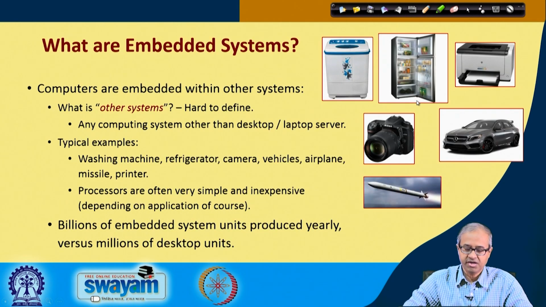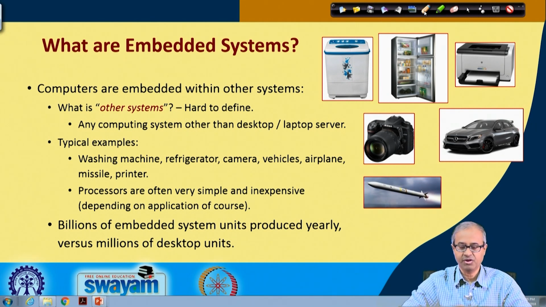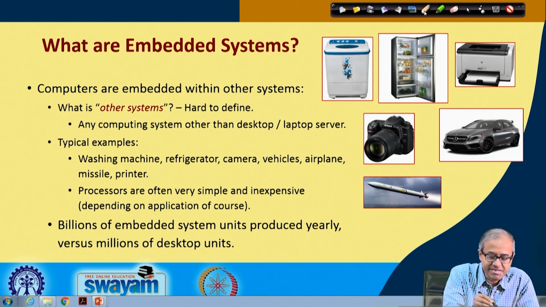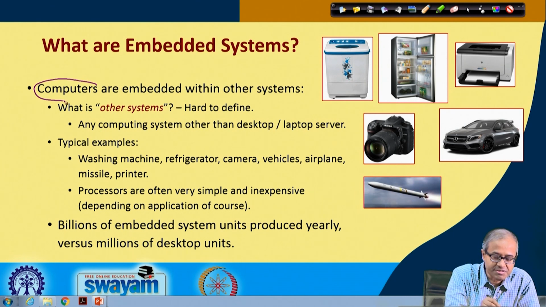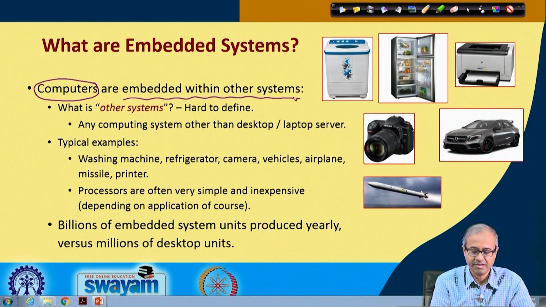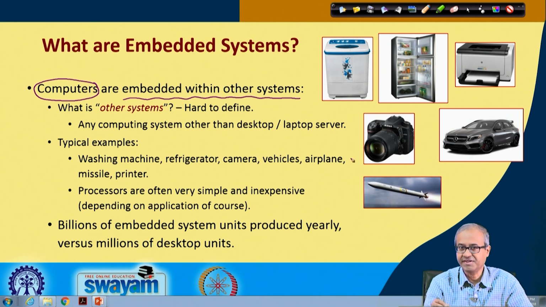Now, talking about these embedded systems again, what are these embedded systems? I already gave an example, so now it must be somewhat clearer to you. Embedded systems are computers that are embedded within other systems. On the right side I have given some pictures.